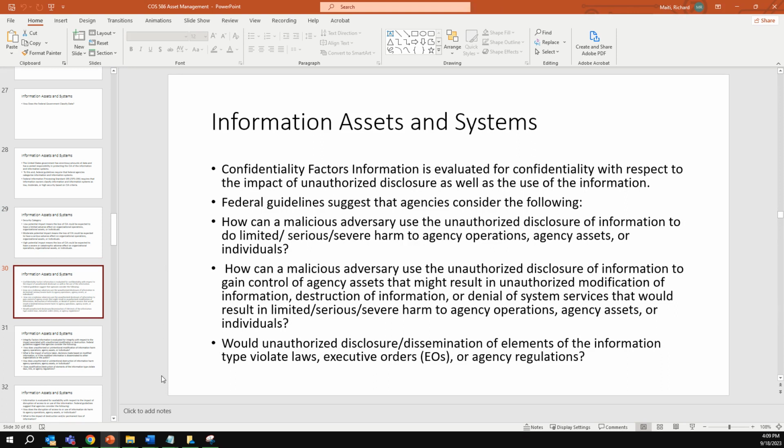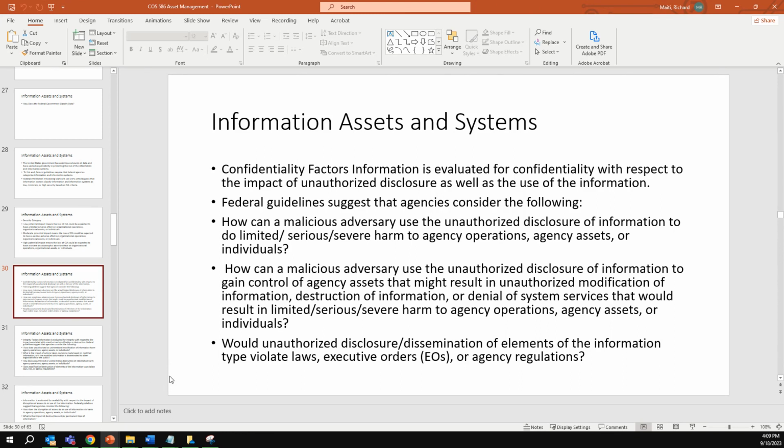Here are some guidelines that federal agencies should consider. How can malicious adversaries use unauthorized disclosure of information to gain control of agency assets?